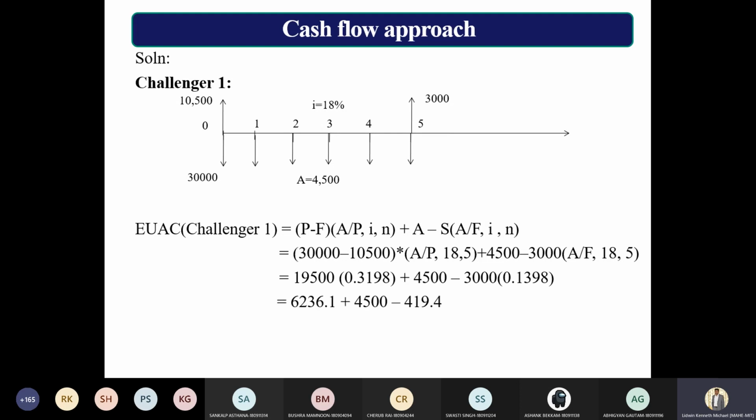So the overall cost comes to 10,316. Am I clear? So the overall cost comes to 10,316, right? So this is for your challenger 1.